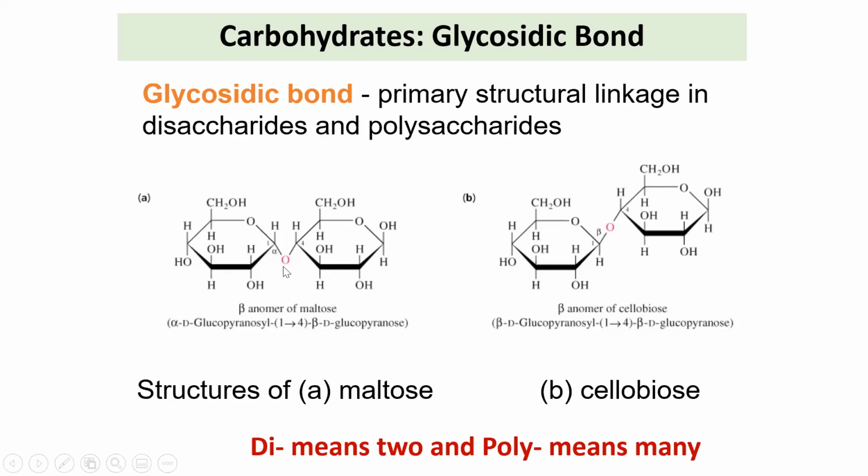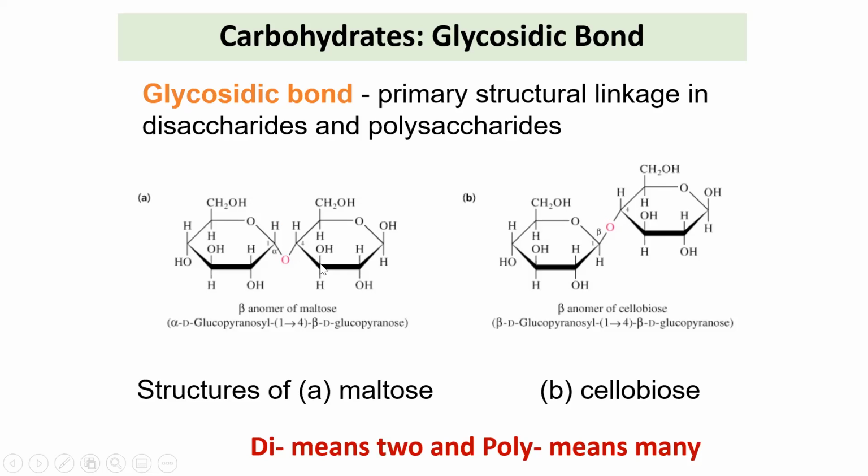This is an alpha arrangement, and this is a beta. In alpha, like I explained to you, it is opposite to each other. And in this one, it is on the same side, okay? So, it is alpha, and this one is beta.